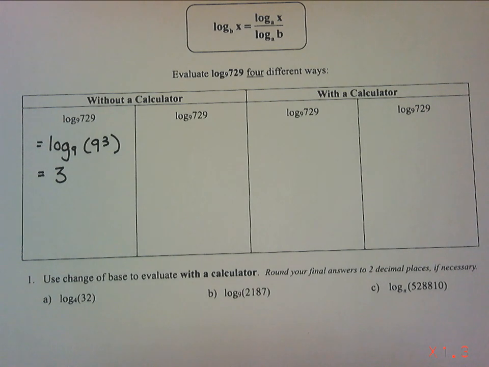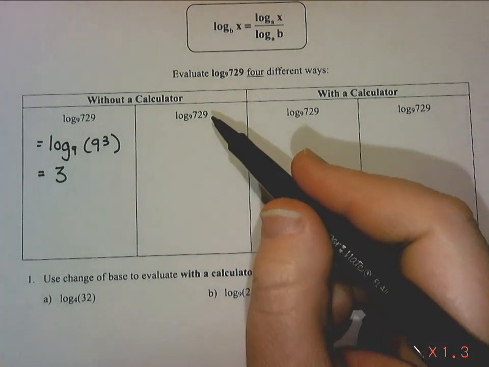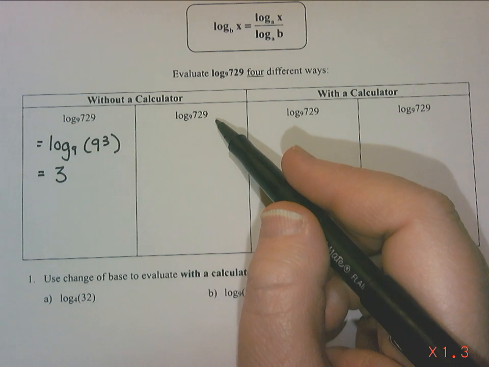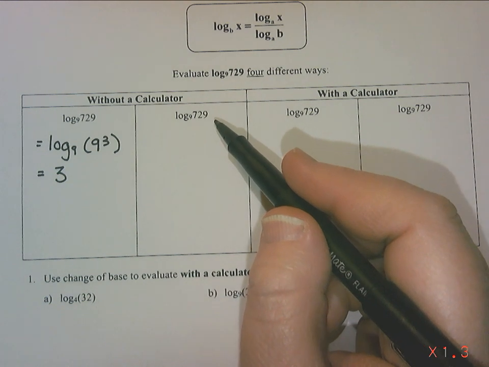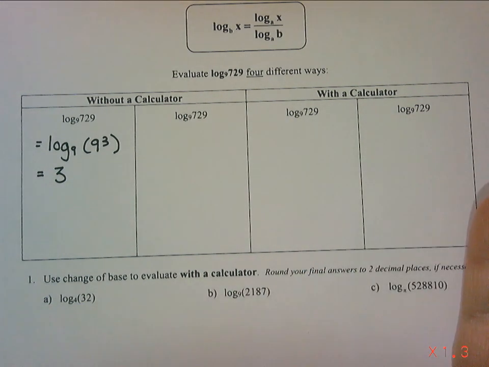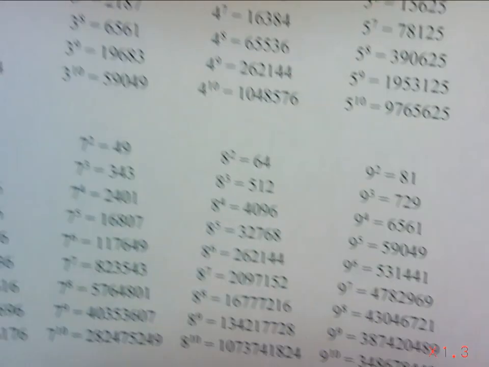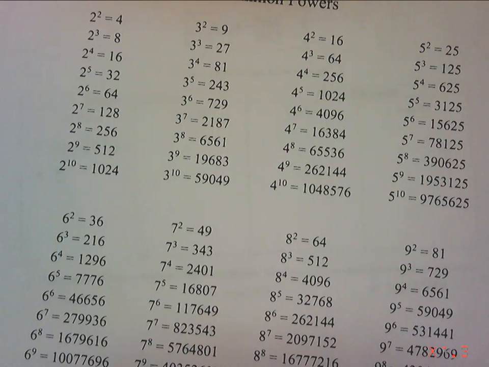Okay, our second method also is supposed to be without a calculator. So anytime we're using a method where we're not using a calculator, you usually want to try to use your reference package. So I want to see, is there some other base that 729 is also a power of?